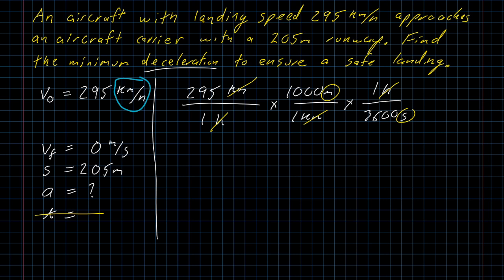So I take 295, I multiply times 1,000, I divide by 3,600, and I get, let's see, I have 3 significant digits. So my initial speed here is 81.9 meters per second.